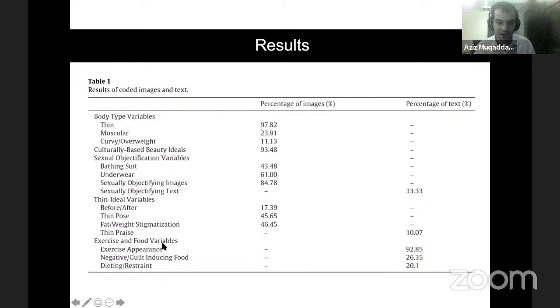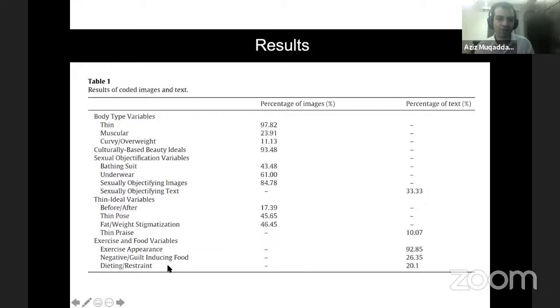And then finally, the last variable, about what motive was invoked when showing motivation for fitness. Exercise for appearance was about 93% of the time. Inducing guilt about food was 26% of the cases.